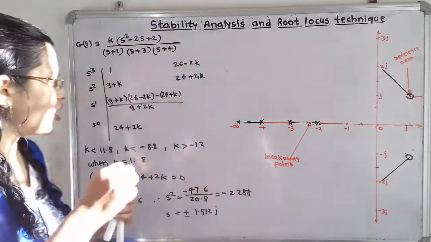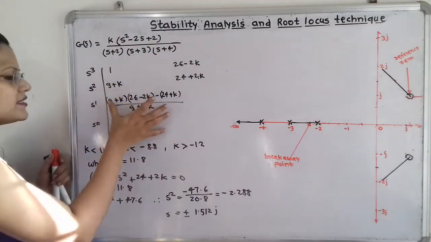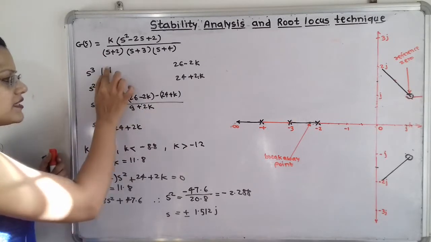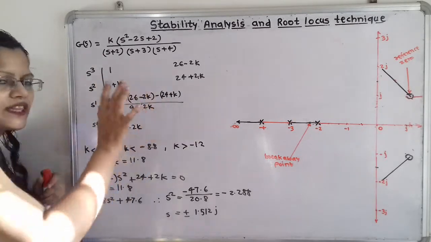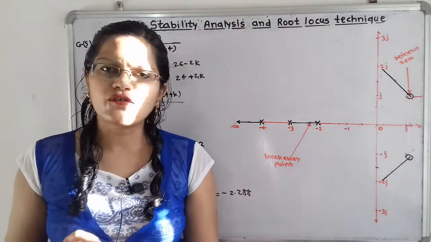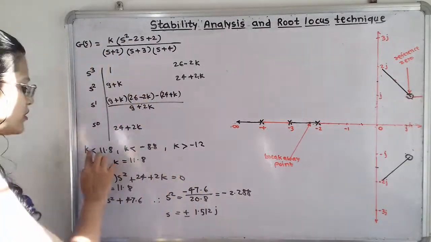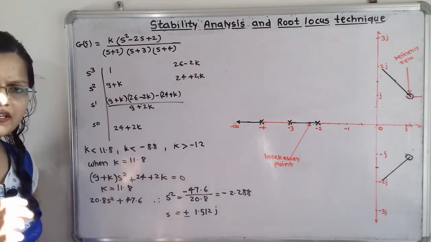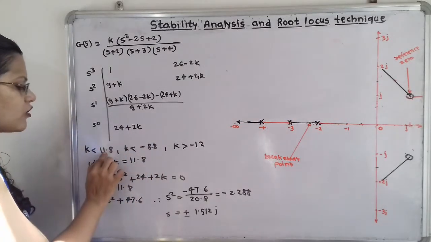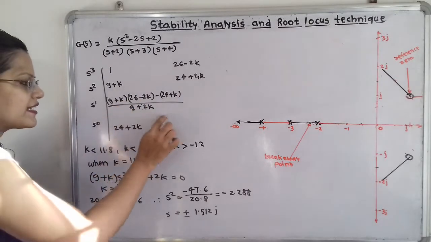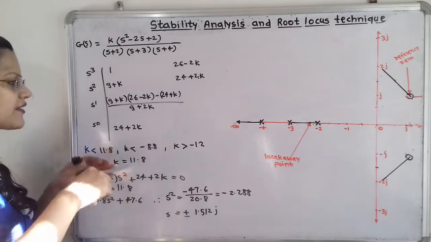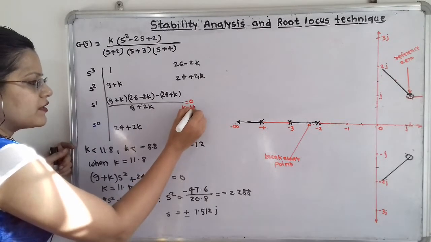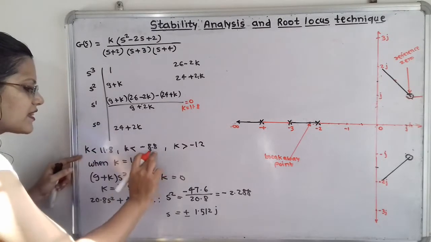Now if we solve this equation, that is the element from the third row, we will get the range of k, that is k should be less than 11.8 and k should be less than −8.8. So suppose I take the value of k as 11.8 in this equation, then this equation will become 0. It will become 0 at k equal to 11.8, because this is the range that is given.